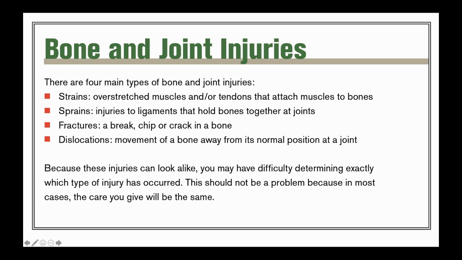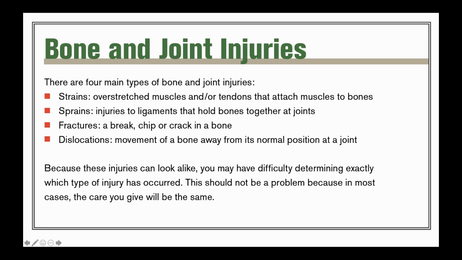Transitioning into bone and joint injuries, there's quite a range and variation in what we see with joint and bone injuries. So the main four categories are sprains, strains, fractures, or dislocations.